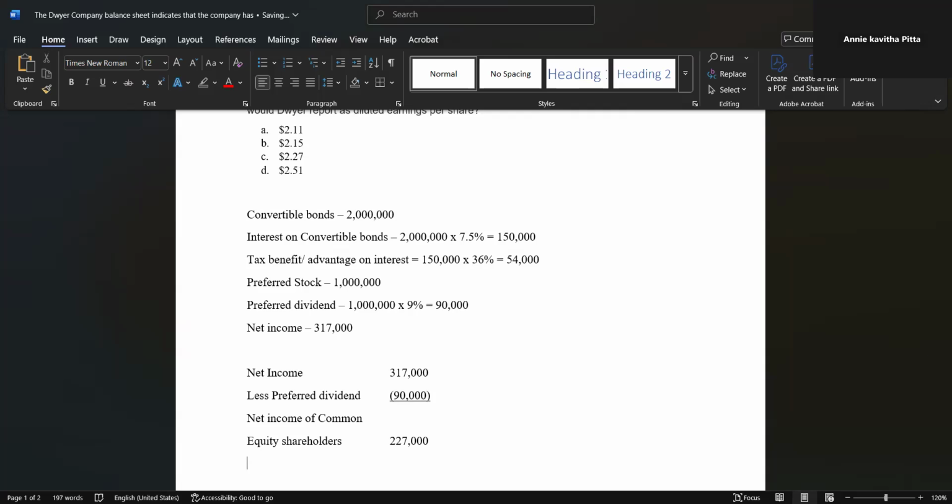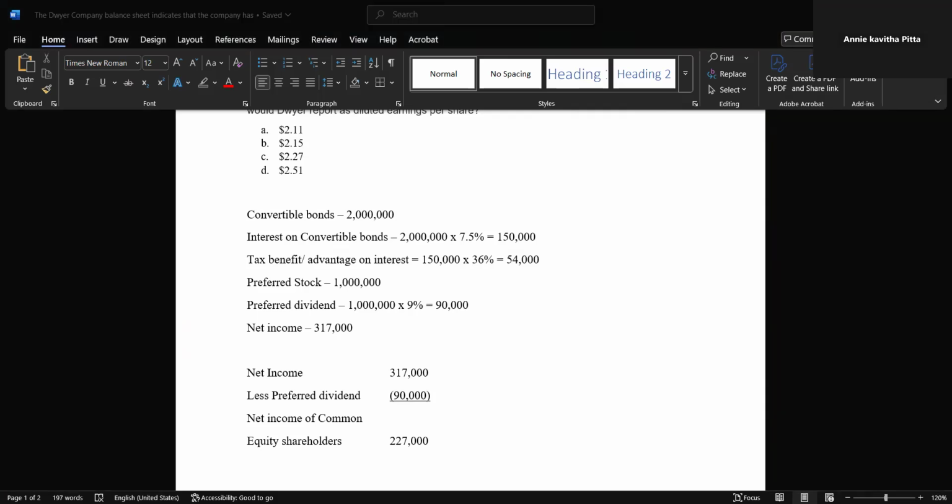If convertible bonds are converted into shares, then whatever advantage they received on account of interest and the tax advantage of 54,000 has to be cancelled out. Earlier, interest on convertible bonds of 150,000 was deducted, and they enjoyed a tax benefit of 54,000. Both of them have to be nullified. So we need to make adjustments.